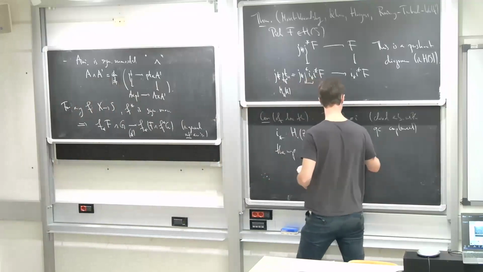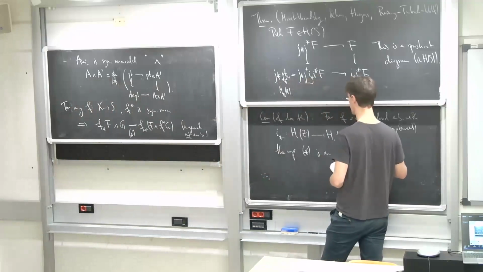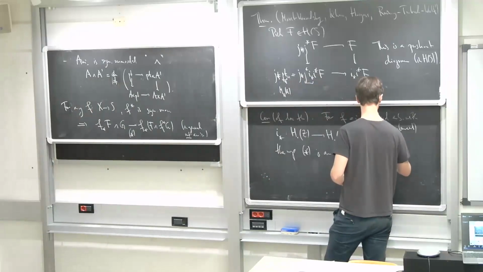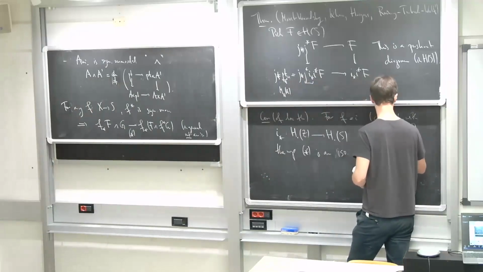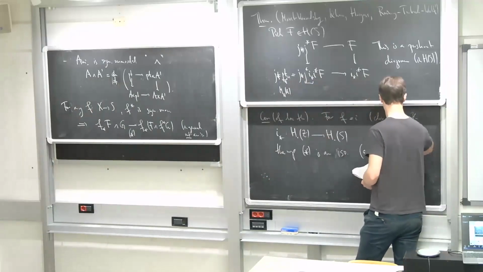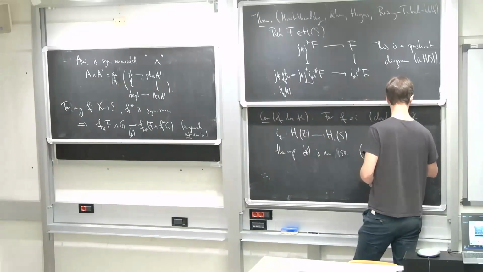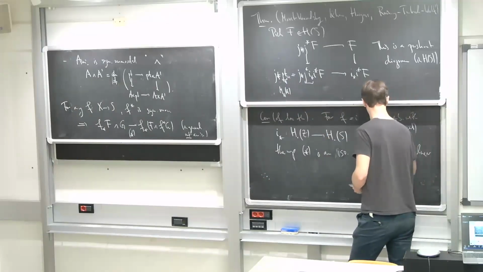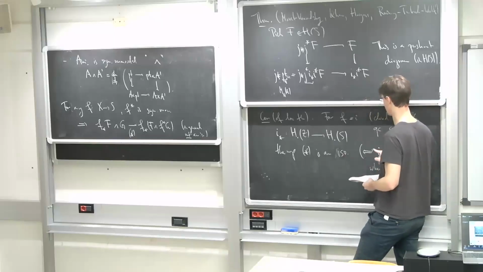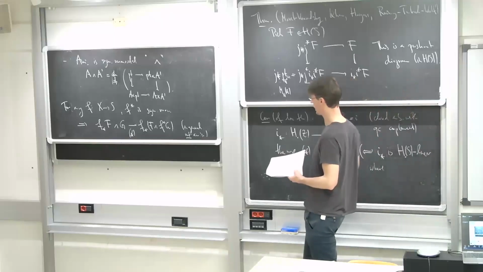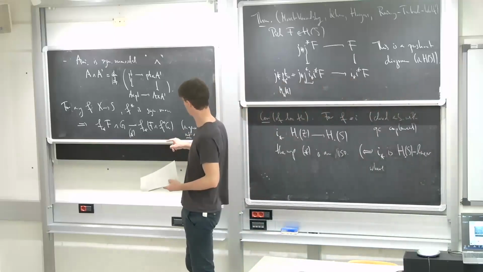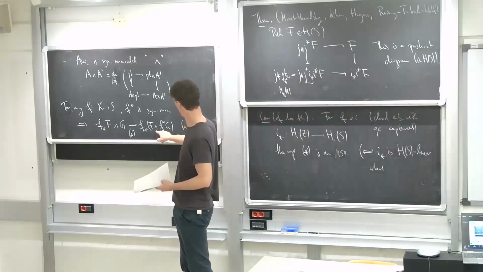Okay, so in other words, if you like this way of talking about it, this I lower star functor is H bullet of S linear, where H bullet of S acts on itself because it's a symmetric monoidal category. So this is very much like what I just did an hour ago.